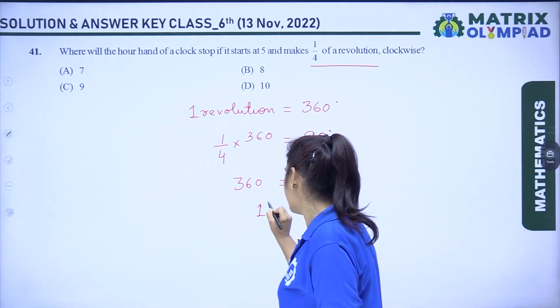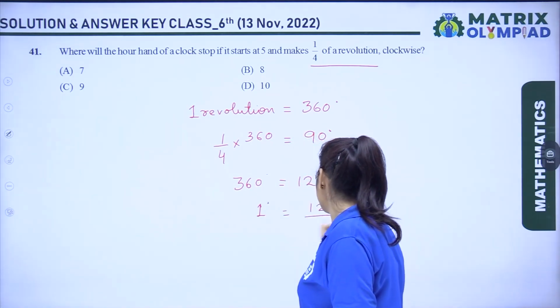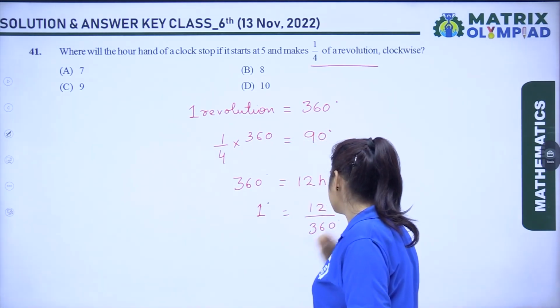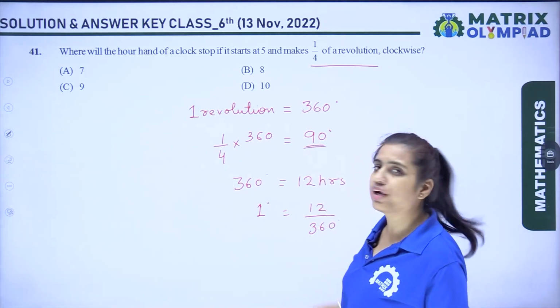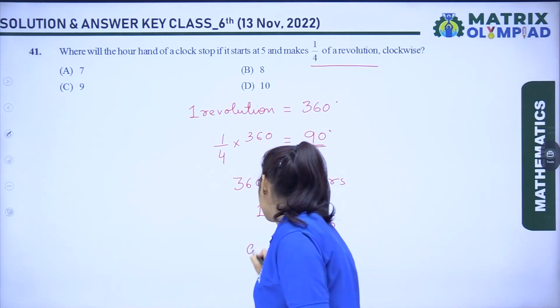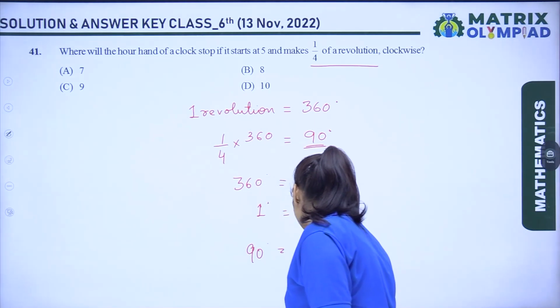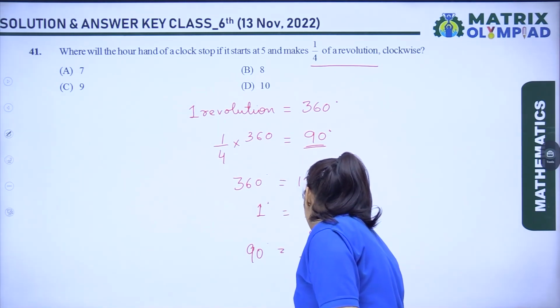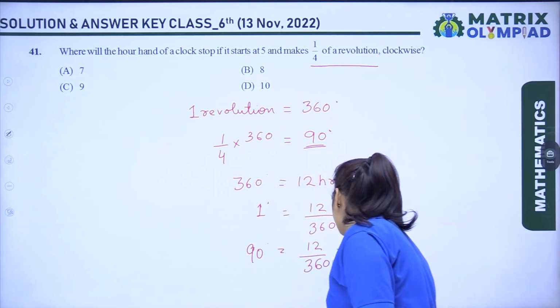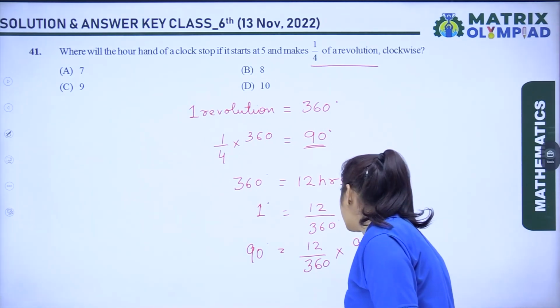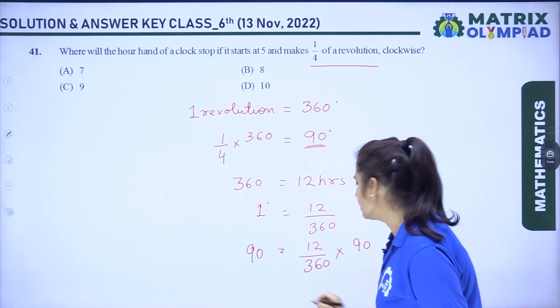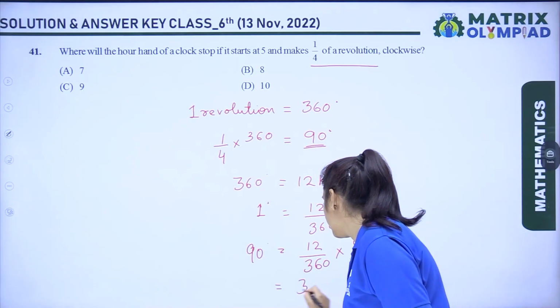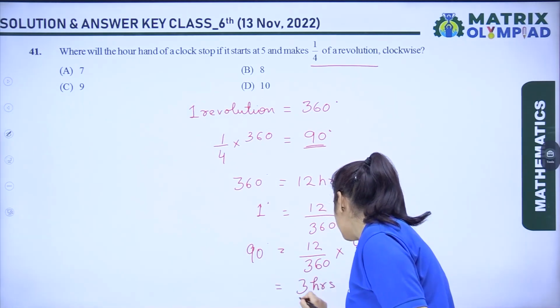Now we also know that 360 degrees is equal to 12 hours. So 1 degree is equal to 12 upon 360. Now we have to find out for the 90 degrees. For 90 degrees we have 12 upon 360 multiplied by 90. After calculating this part, we get 3 hours.